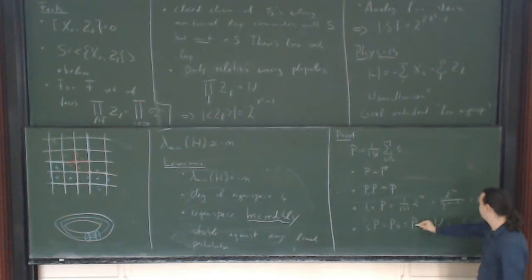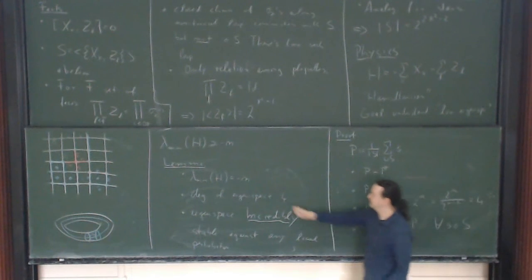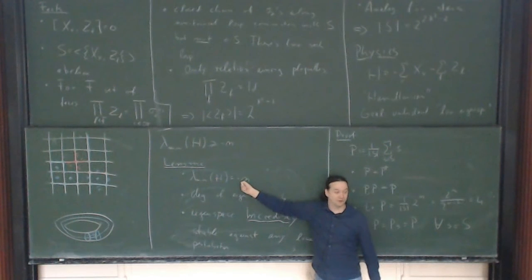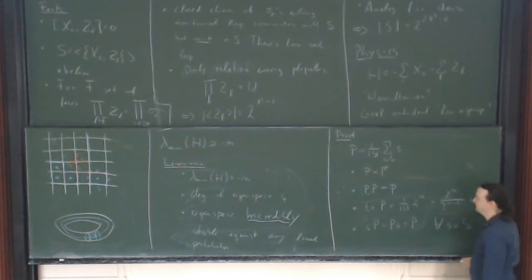And so this means that I have a joint. This P projects on a space of joint +1 eigenvectors to every term in there. Yeah? So it's actually a ground. It meets this bound. Yeah?